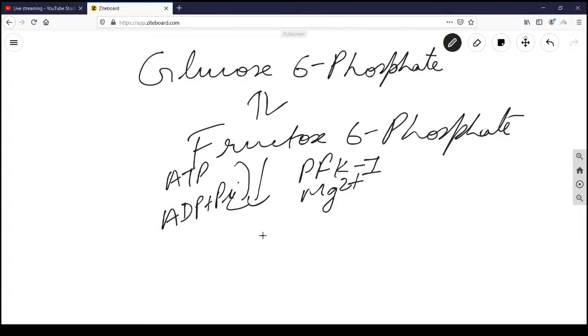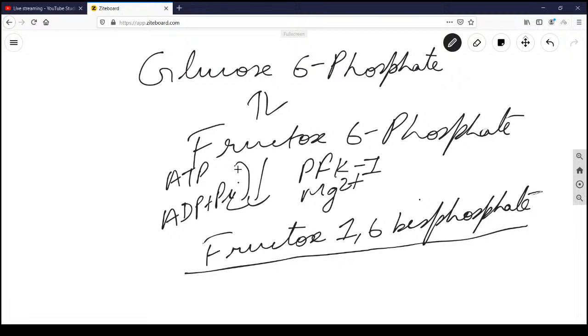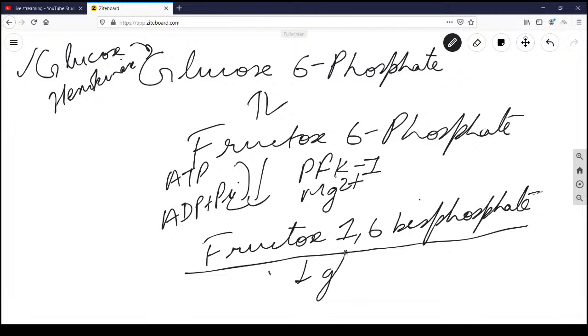Phosphorylation at the first position will happen and it will become fructose 1,6 bisphosphate. When it becomes fructose 1,6 bisphosphate, then only this glucose, which became 6-phosphate by hexokinase, is destined for glycolysis.